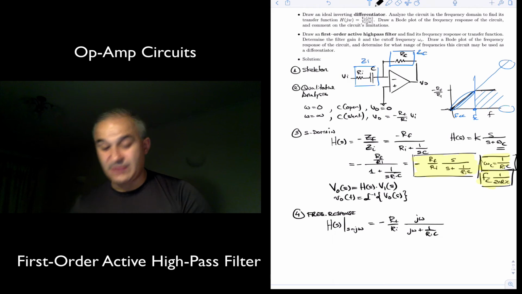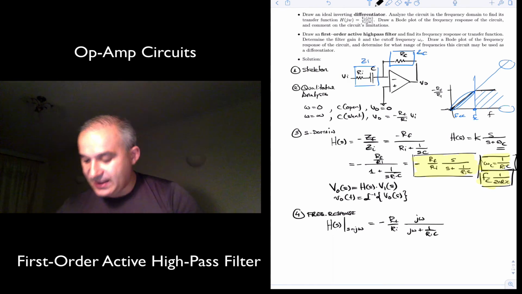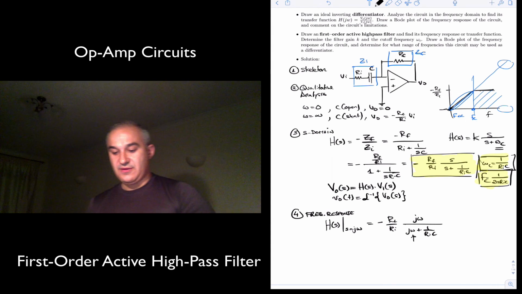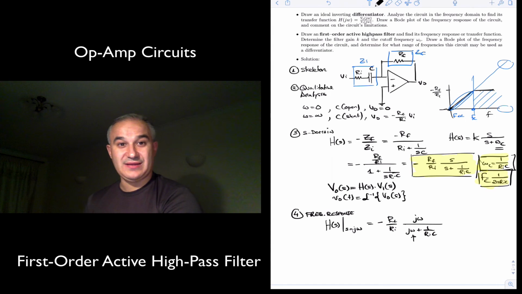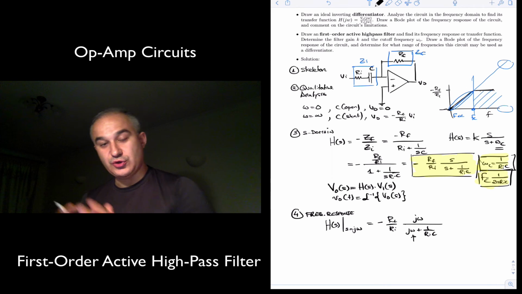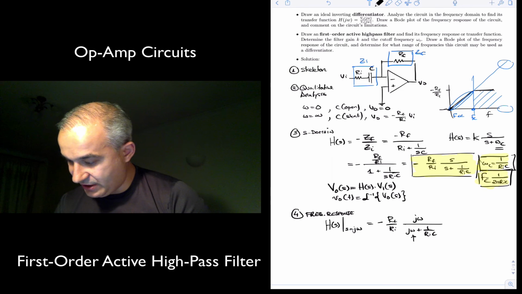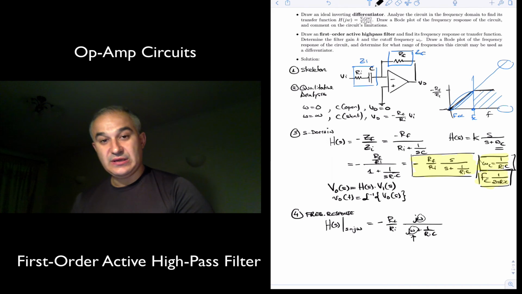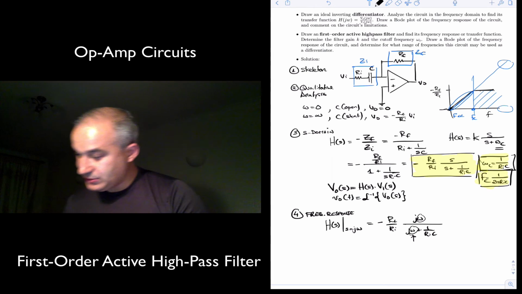You can leave it like this, you plug in an omega and you get the frequency response. You get basically what the gain will be at that frequency and also the phase for any one of them. Now, you can also plot it as a function of the frequency, and you get a plot of the frequency response.